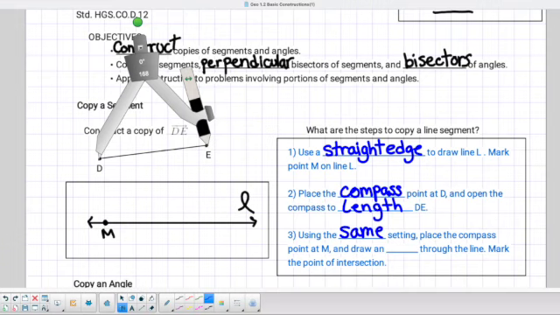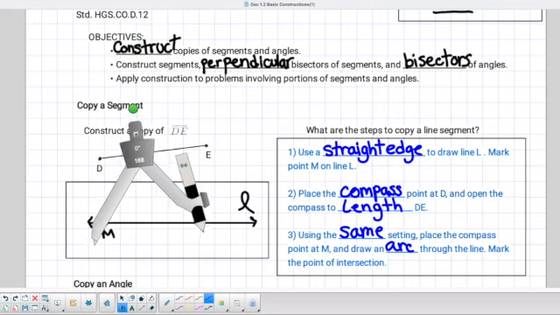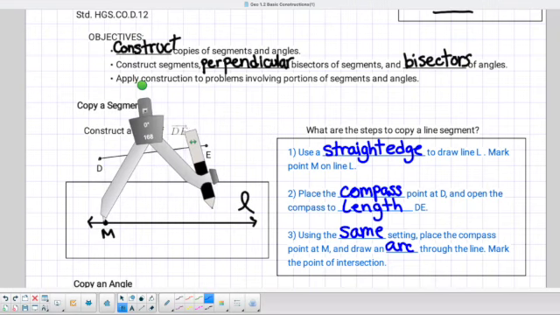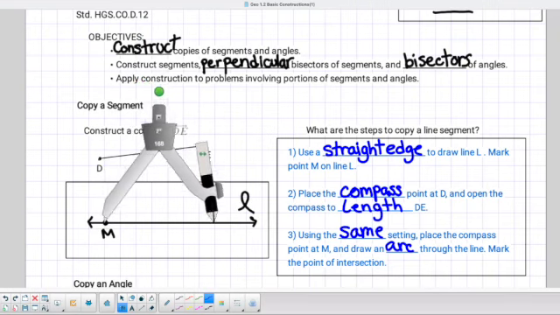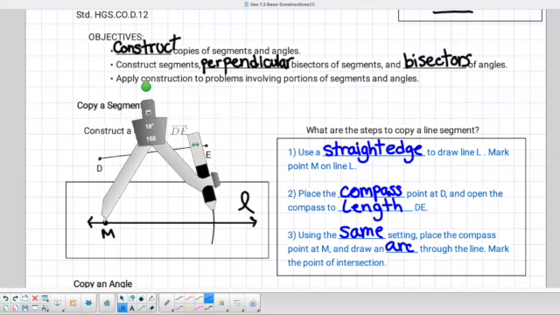Place the compass at point M and draw an arc through the line. Mark the point of intersection. I'm going to put my point at M. And I'm going to take my pencil and make it an arc. Okay.